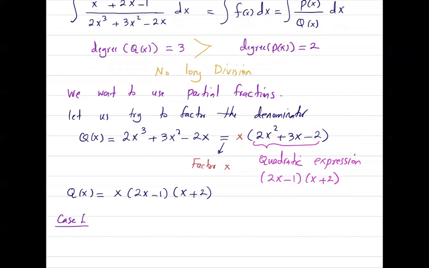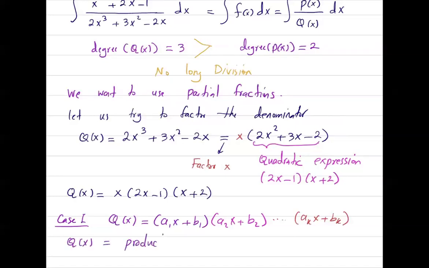This is your very first case when q of x can be written as a1x plus b1 times a2x plus b2 times a sub k x plus b sub k, or as you can see, q of x is the product of distinct linear terms or expressions, to be more precise.